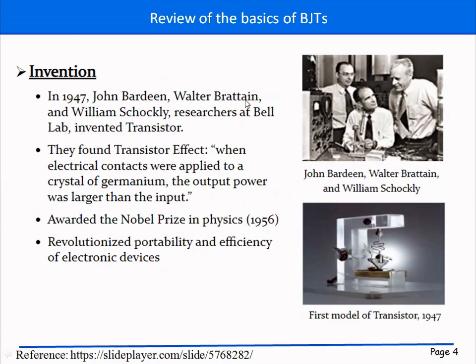These three scientists worked on the transistor and invented the first transistor by replacing the bulky and power consuming vacuum tubes. For that work, they got the Nobel Prize in 1956.